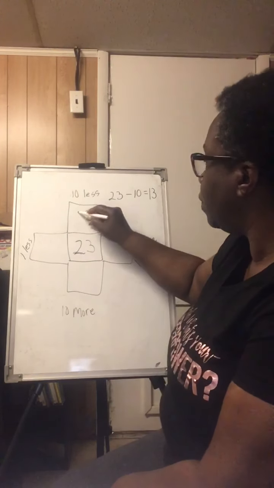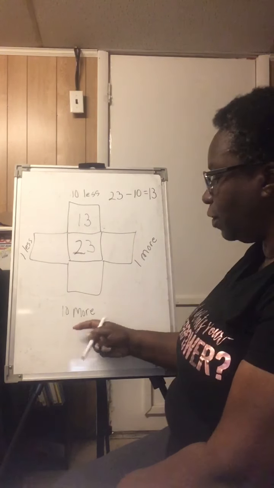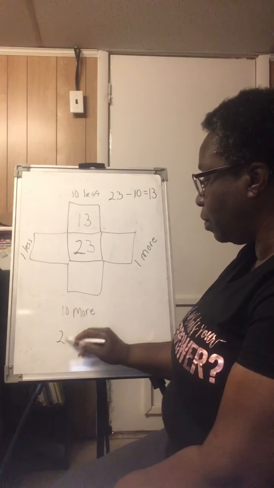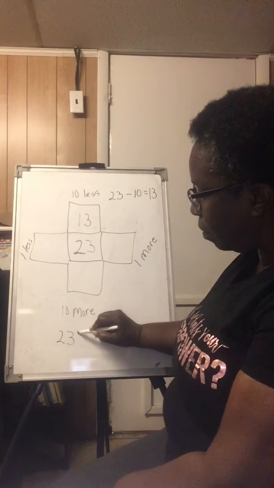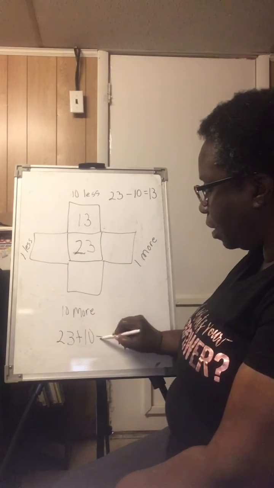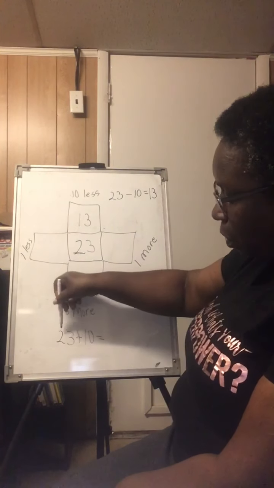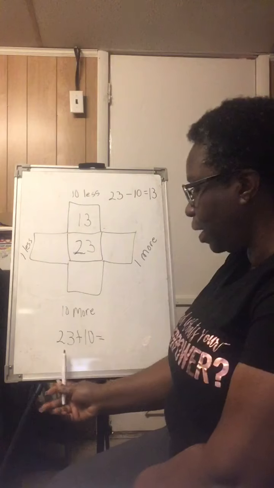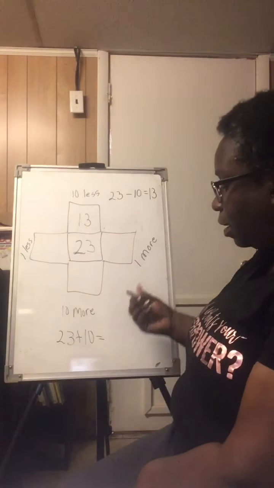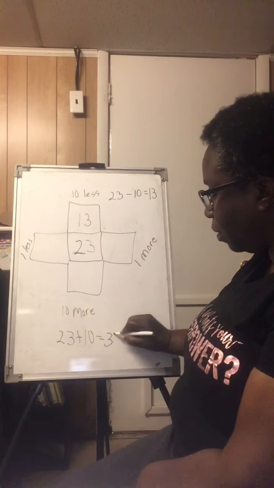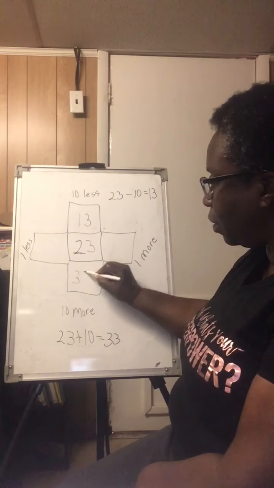So now let's figure out what's 10 more. 23 plus 10. 10 more means we're going to have one more 10 in our place value. So 23 plus 10 gives us 33.